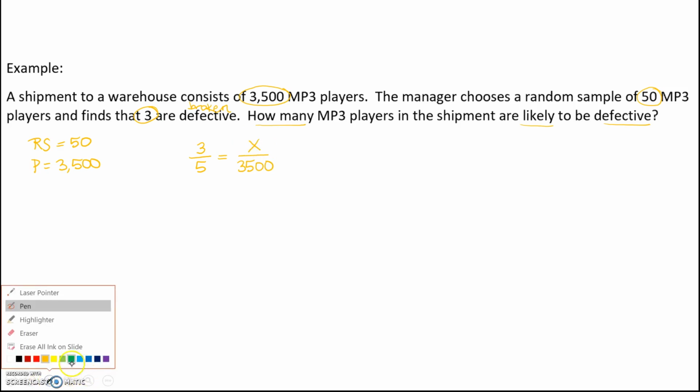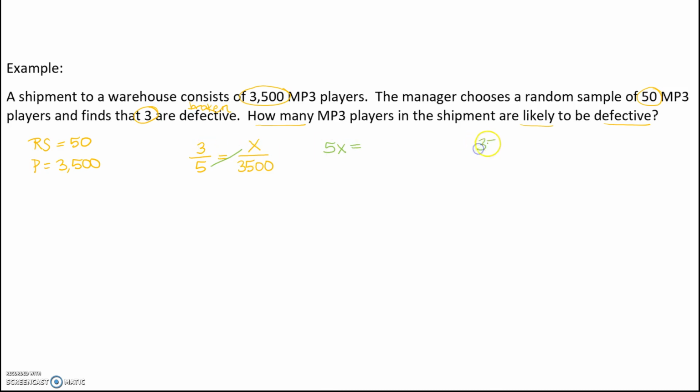Just do your cross product and solve. Y'all are proportion masters. 5x is 3 times 3,500. That's 10,500, divided by 5.